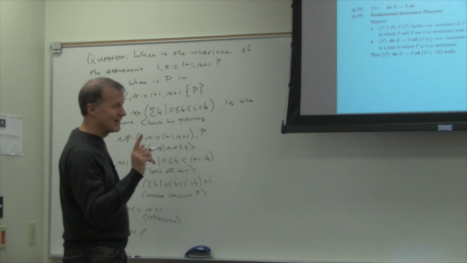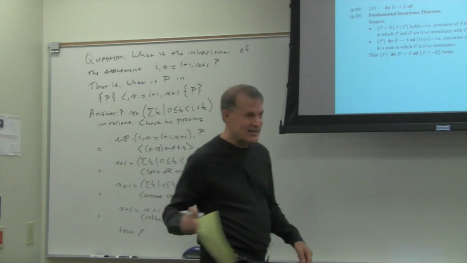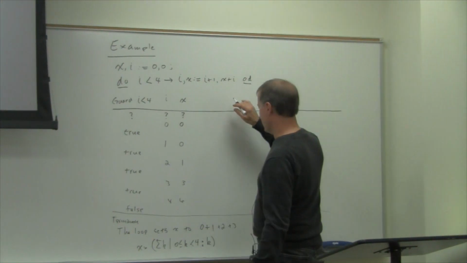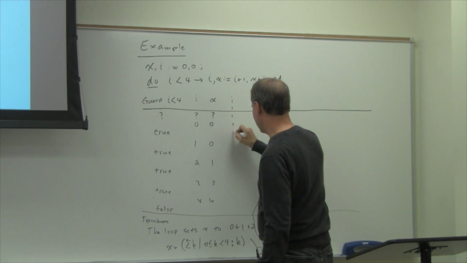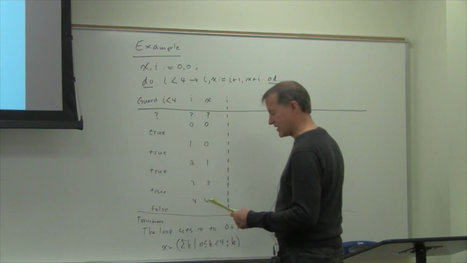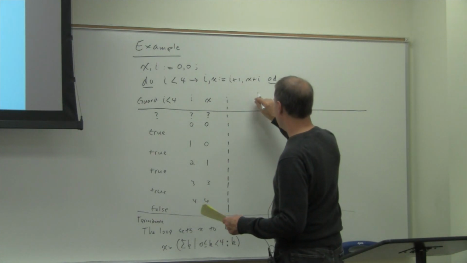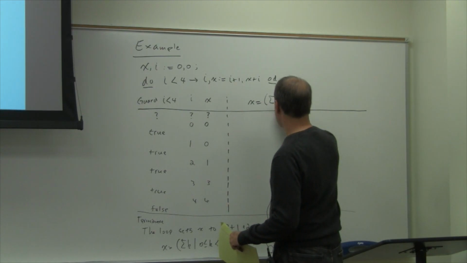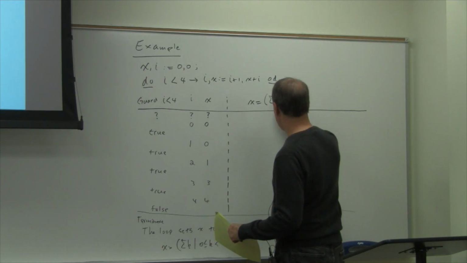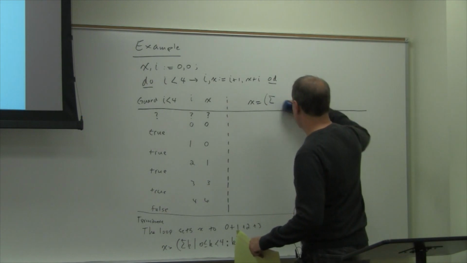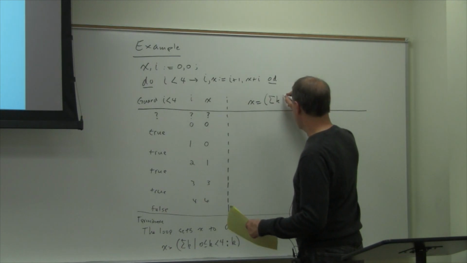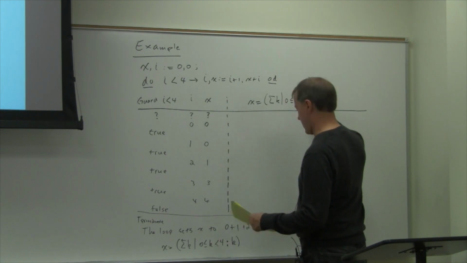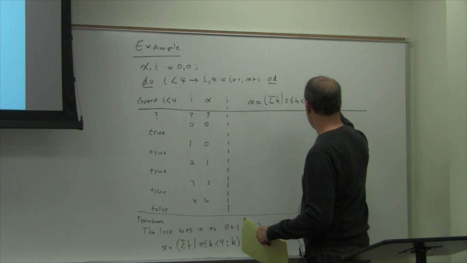Okay, so now let's go back to here. Now that we know what the invariant is, let's actually compute the invariant. What did we say the invariant was? It's x equals the sum on k, 0 less than or equal to k less than I, body k, right?